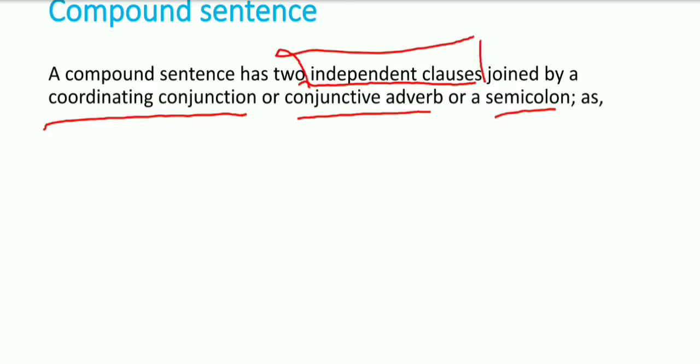When we see two independent clauses joined by a coordinating conjunction, a conjunctive adverb, or a semicolon, that sentence is called a compound sentence. How? Look at the example.